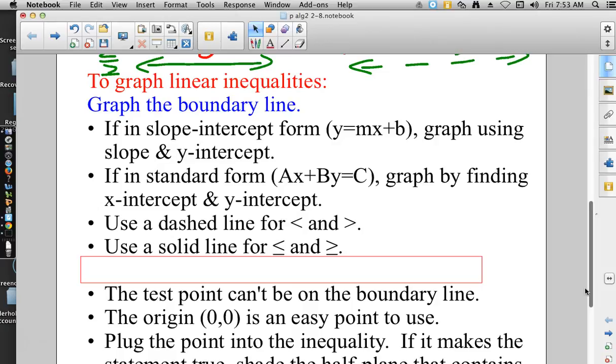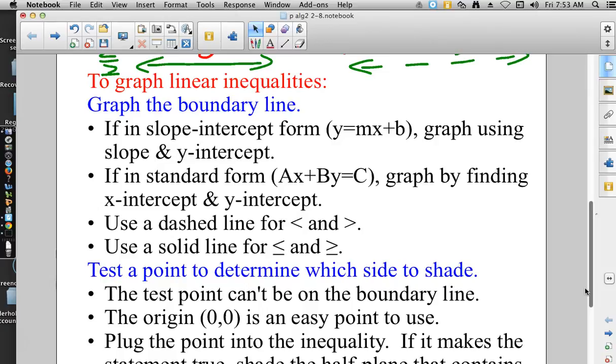Is this supposed to be solid or is this supposed to be dashed? Standard form, find your zeros, y equals 0, x equals 0, and then pause for a second. Dashed or solid. So we'll use a dashed line for less than, greater than, and we'll use a solid line for less than or equal to or greater than or equal to.